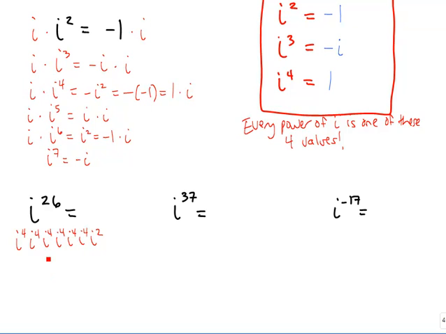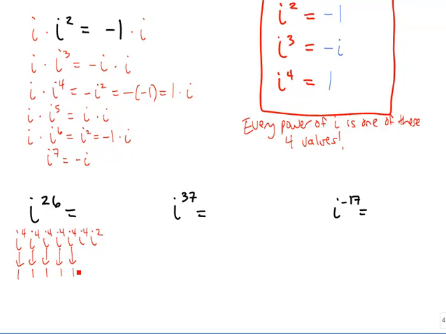Why is that? Well, remember you add exponents. So I've got 6 4s here. So 6 times 4 is 24, plus 2 more gets me to 26. So all I did was break up 26 into powers of 4. Why did I do that? Well, each i to the 4, remember in our pattern over here, is the same as 1. So each of these i to the 4ths becomes a 1.